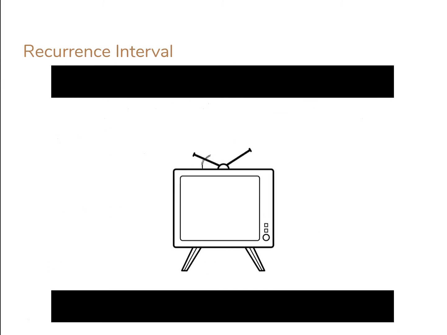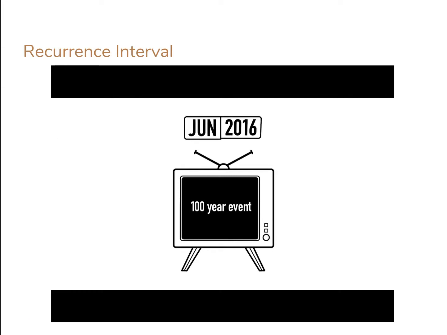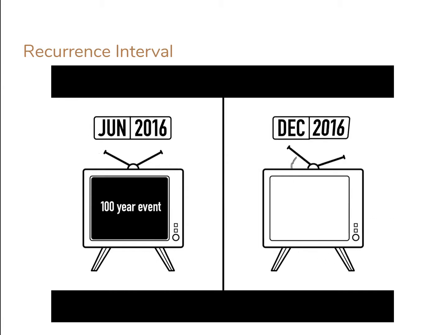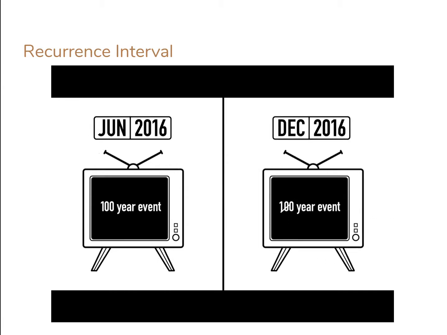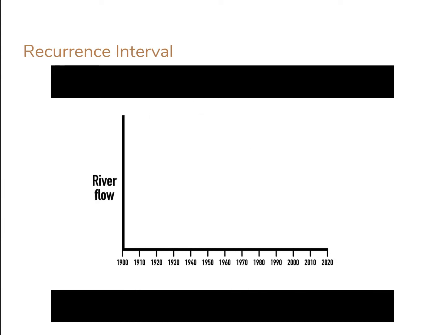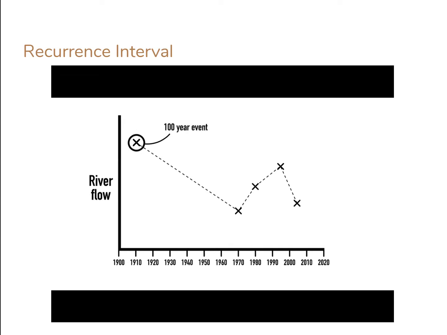Another issue that often causes some confusion is why the return period of a flood changes over time. You may have heard of a flood being called a 100-year event when it happens, but later it's referred to as a smaller event, such as a 50 or 80-year flood. This is because our understanding of the size of an extreme flood is based upon a statistical analysis of those that we have previously seen on that particular river.